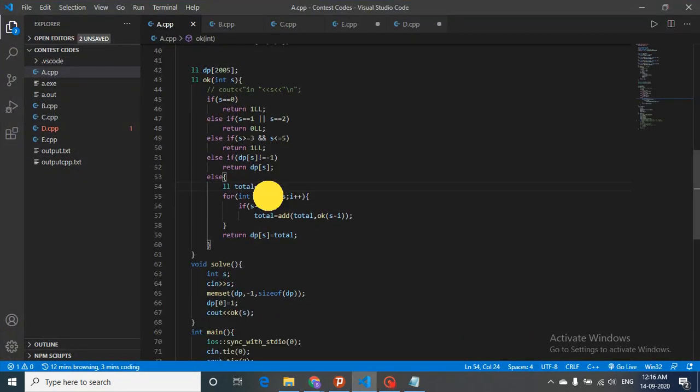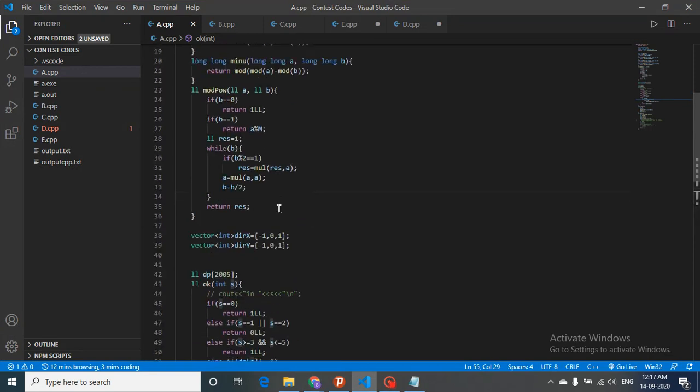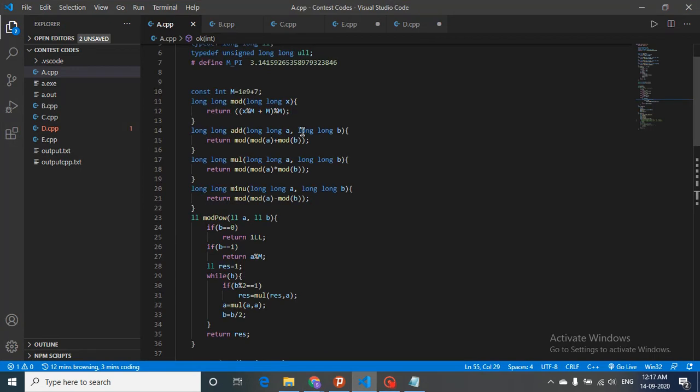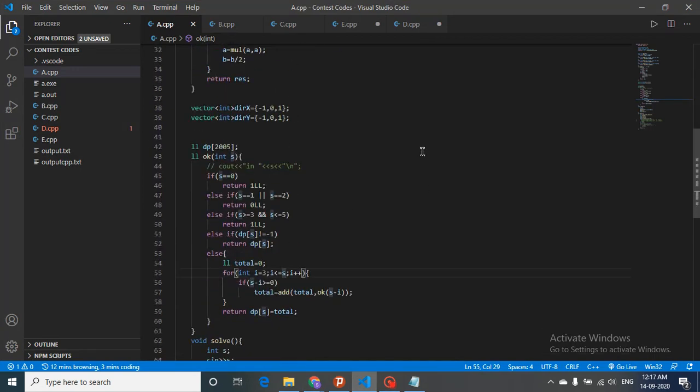Add over all the values from 3 till S, and I will only do this if S minus I is greater than 0. Because if it's less than 0, we don't have to consider such conditions, because that condition just leads to a negative number and we don't want that. And I've written out this add function because it is just using some mod values to round that number.